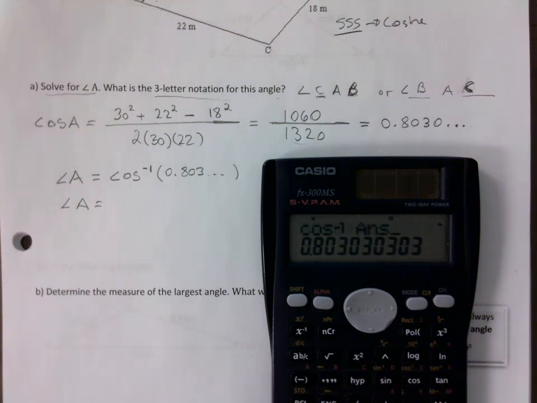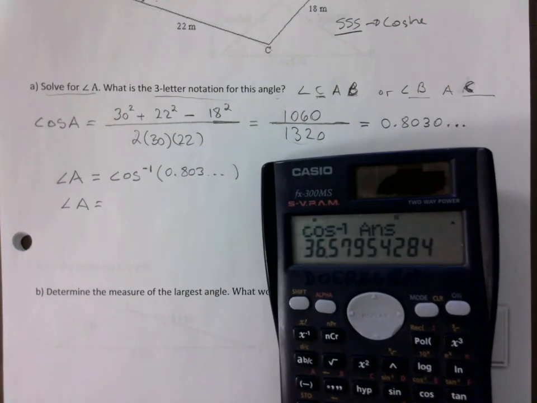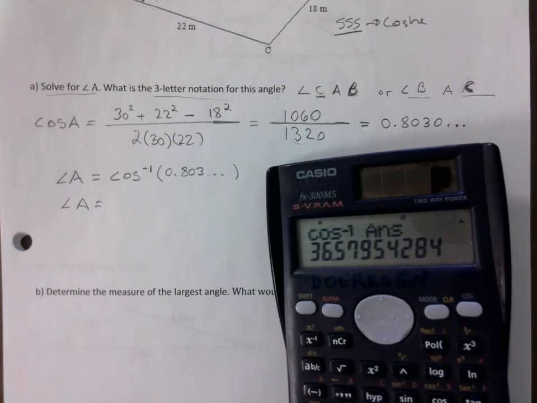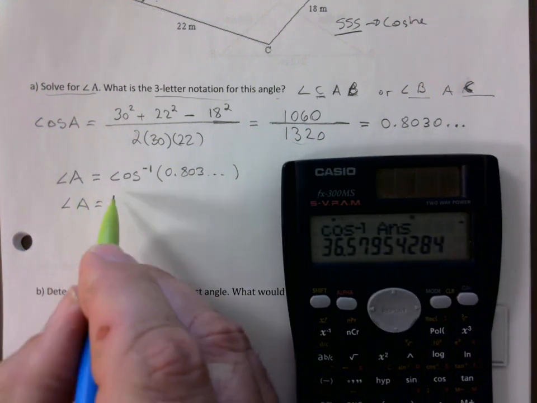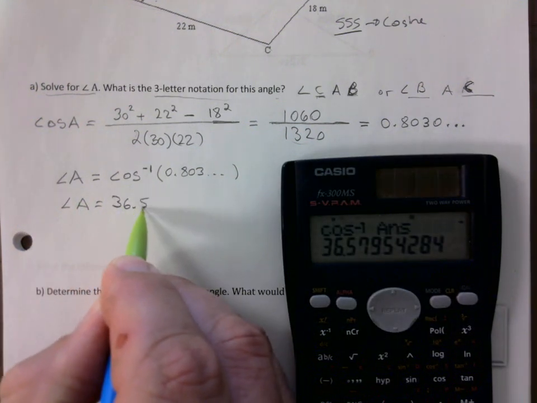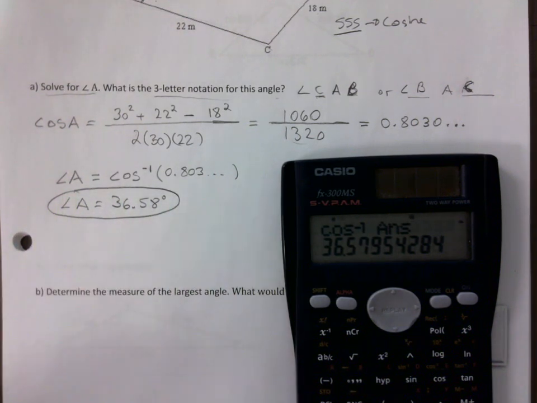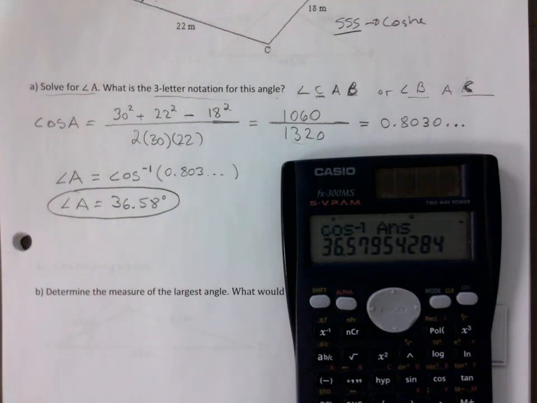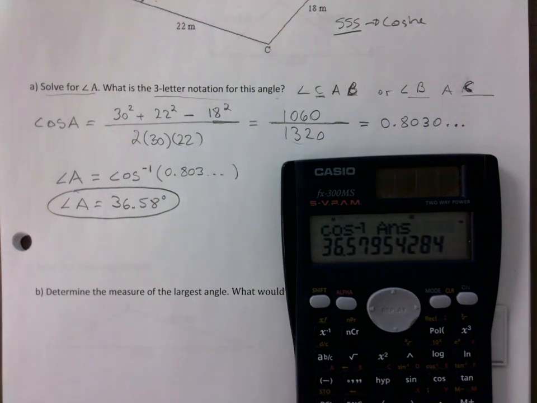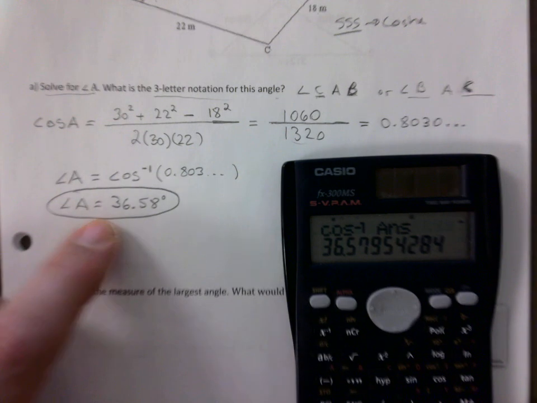You might have to press the answer button. But it's 36.58. There you go. You solve for angle A. You could have solved for any angle, by the way, at the beginning.